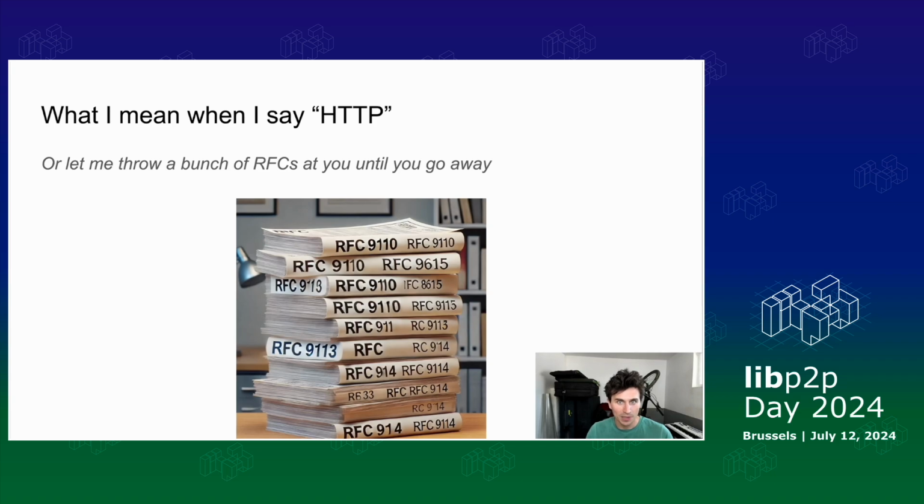So when I say HTTP, and I think this is true when others say HTTP, I'm referring to HTTP semantics. Technically RFC 9110, which is basically the idea that I can send your request to a resource with attached metadata about the request, such as method and headers, and I receive a response with headers and the content.